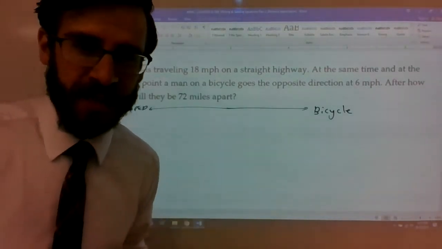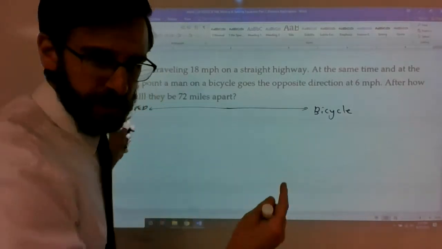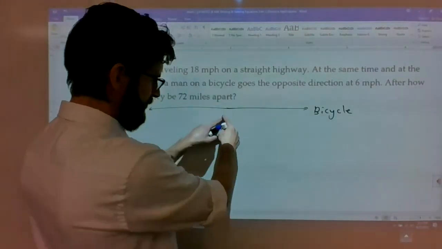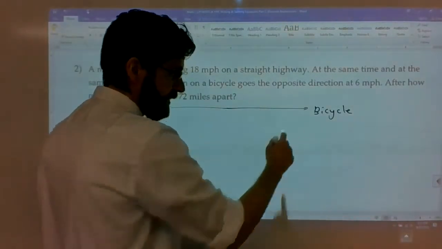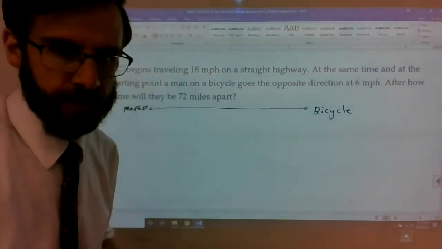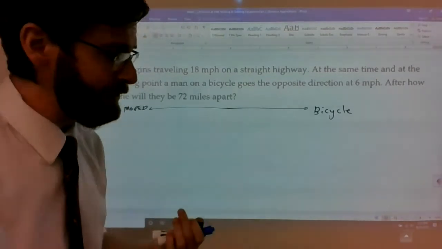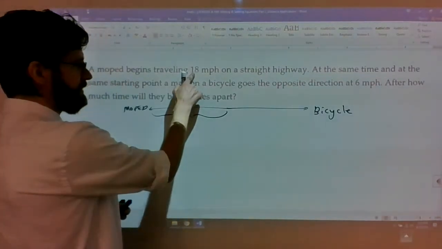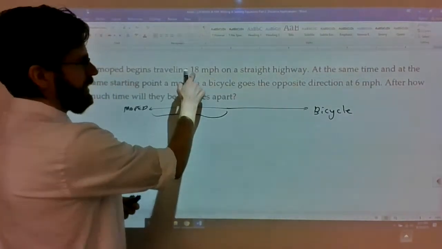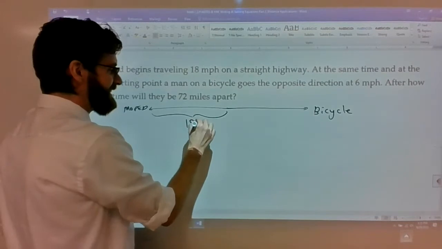This is the same exact thing. Instead of going towards each other and covering 72 miles, they're moving away from each other and covering 72 miles. So the moped's distance is still just going to be, hey, the moped traveled 18t.